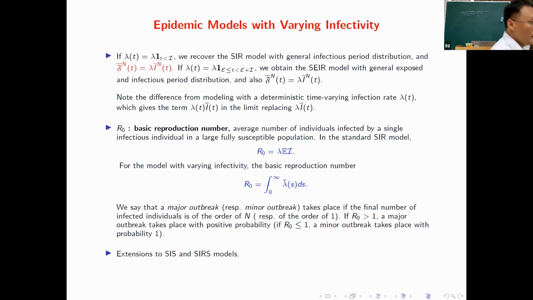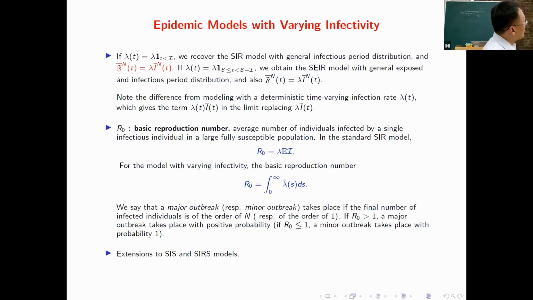So basically a couple remarks. If lambda t is simply a constant times the indicator that t is less than the infection duration, that reduces to the standard model. And then there's a concept of the basic reproduction number, right? By definition, it means the average number of individuals infected by an infectious individual in a large fully susceptible population.